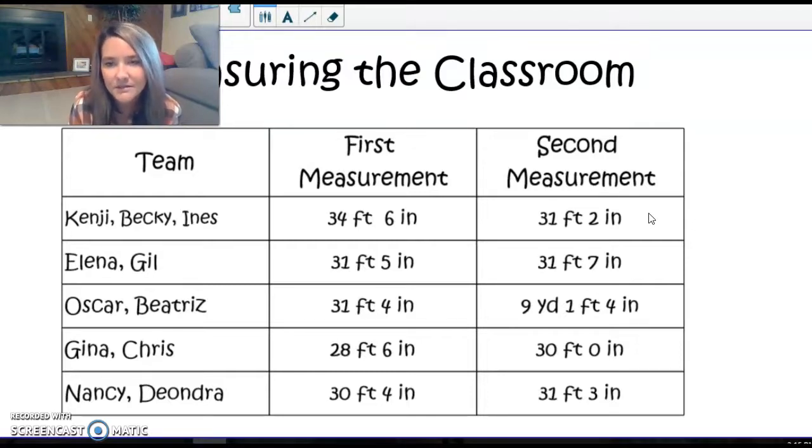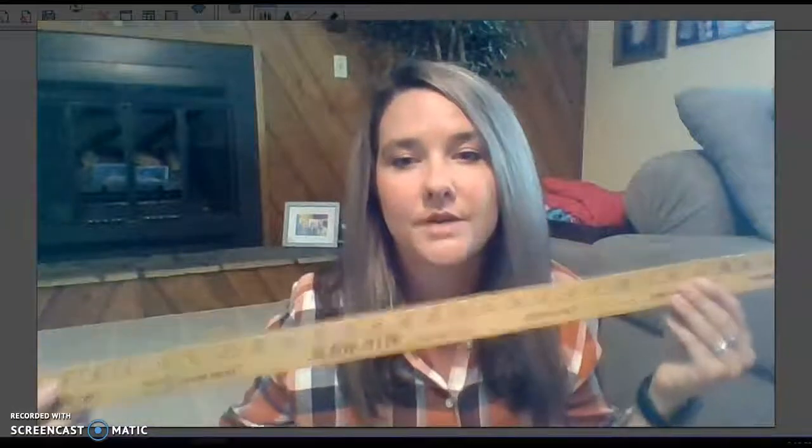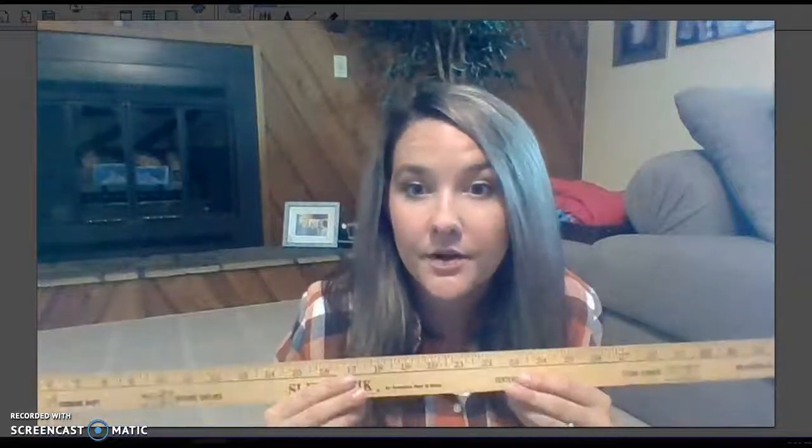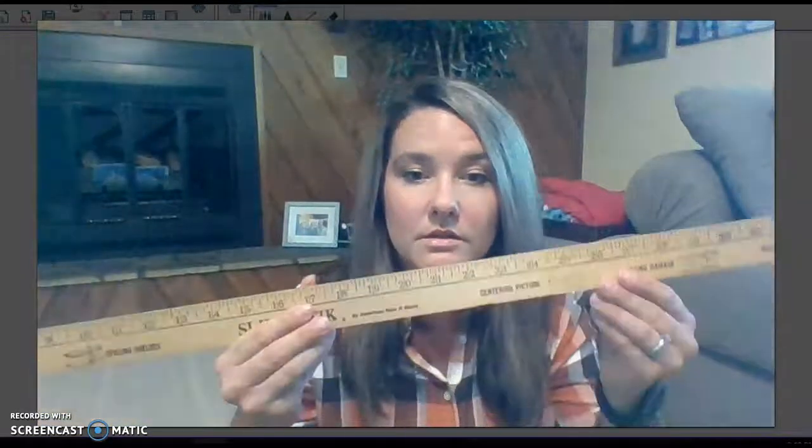I grabbed my yardstick. Remember there's 3 feet in 1 yard, and we're looking at 31 feet and 2 inches.